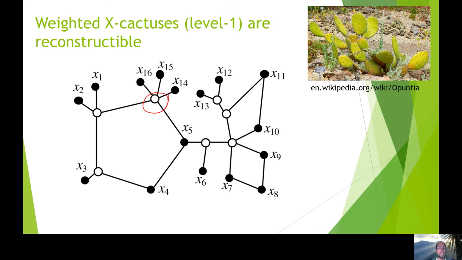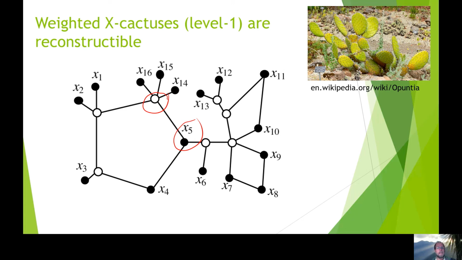So, you can have this vertex here, higher degree, and you can have internally labeled vertices. So an X-cactus is essentially a level 1 network, or a network where the blobs are all cycles, but where we're allowed now to have internal labels and leaves labeled.